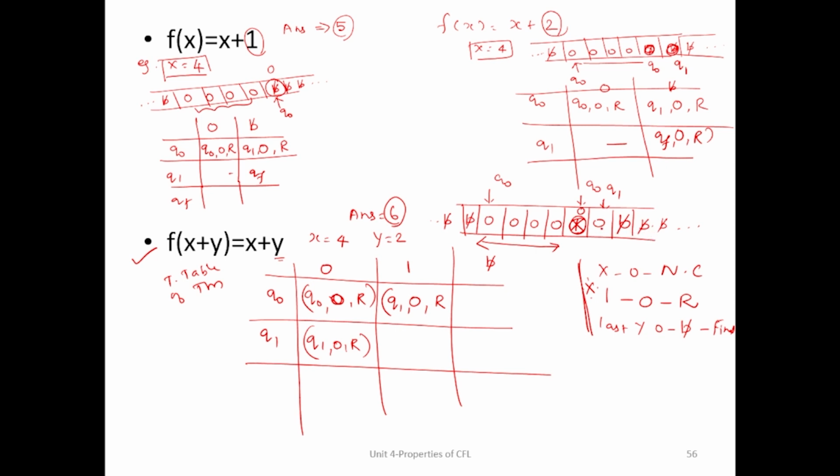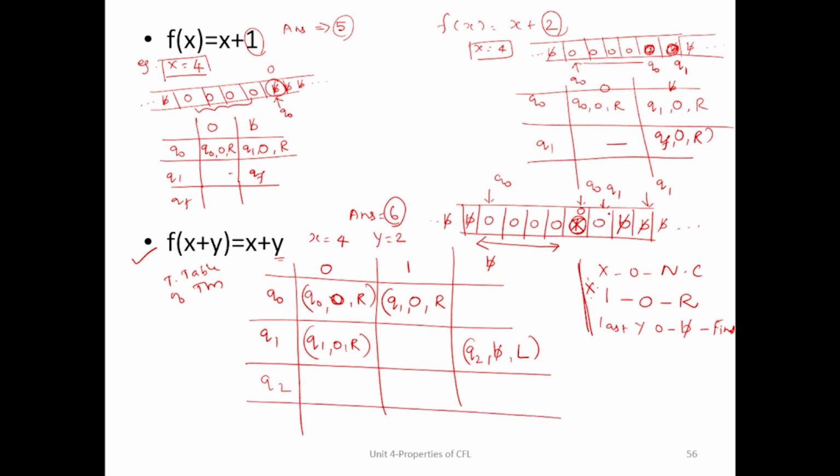So if Q1 reads 0, that means y zeros, only move to the right direction. At one situation, the control head points to blank space with state Q1. So if Q1 reads blank space, come to the left direction with the new state Q2.